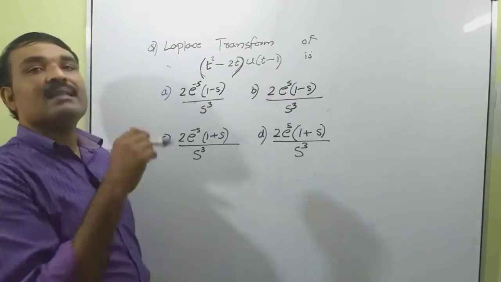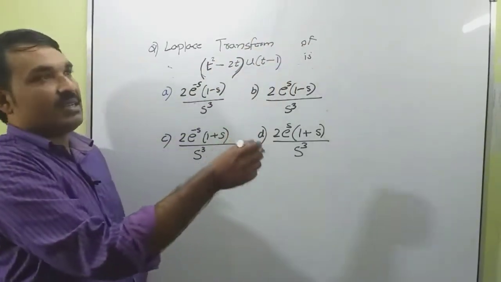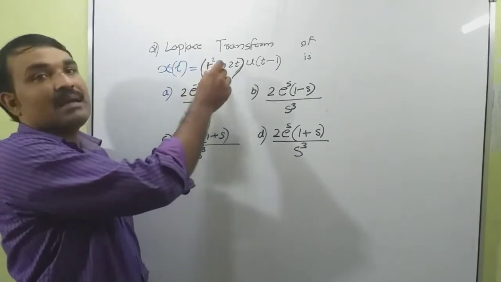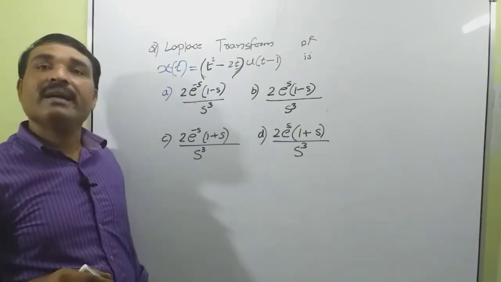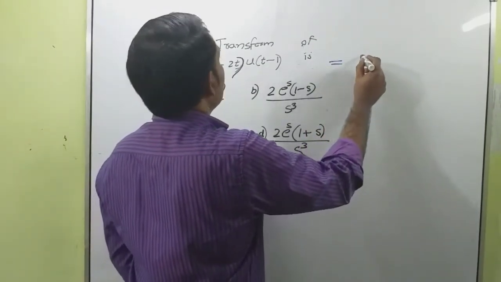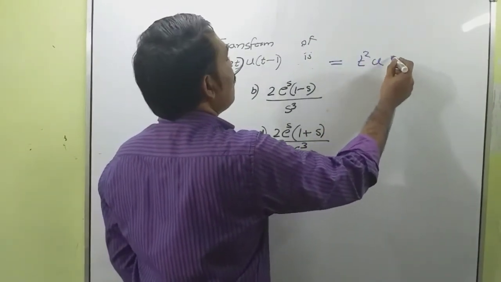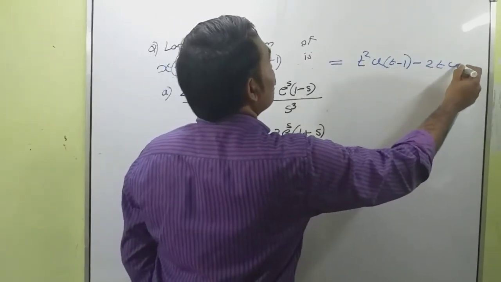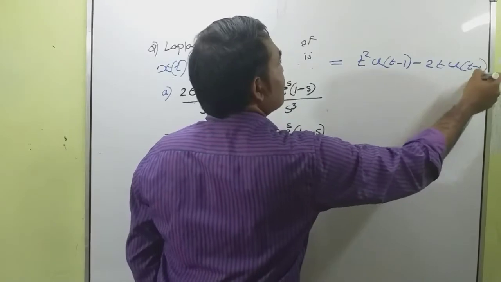We want to find the Laplace transform of this function. Let this function be x of t, that is equal to t square minus 2t into u of t minus 1. We can write this signal as t square into u of t minus 1 minus 2t into u of t minus 1.